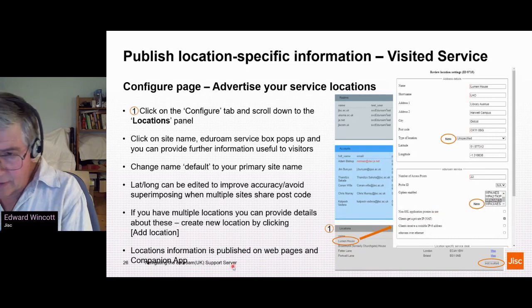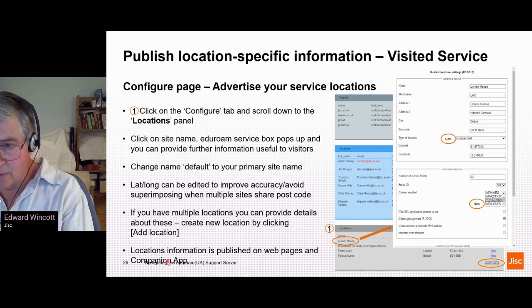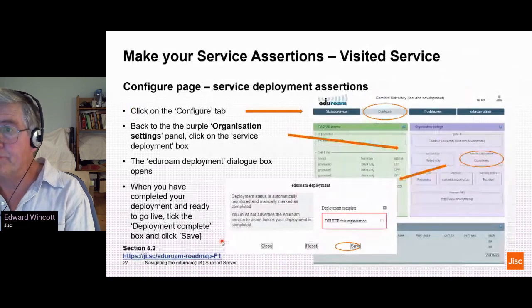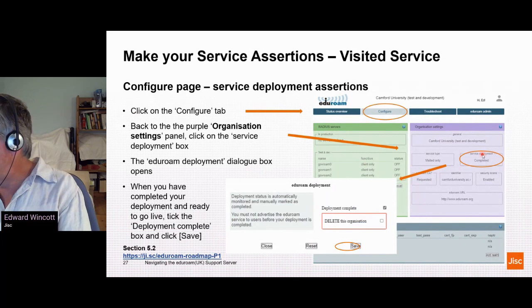I'm aware that time is ticking by, so we will crack on. As I say, the locations information is published on the eduroam Companion app, and you'll also find it on various web maps. Okay, you need to tell us that your service deployment is complete, so just click on here and tick deployment complete and click save.